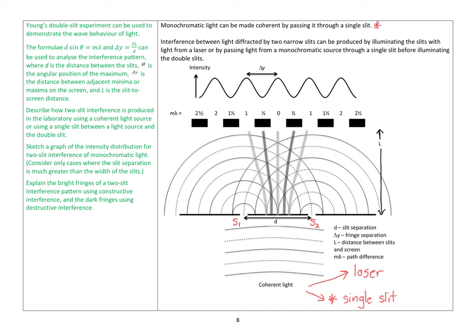Think about that laser shining past the edge of the razor blade to the screen. That's the sort of scale here. But this L would be much, much greater than d, but we're just trying to make this look simple.